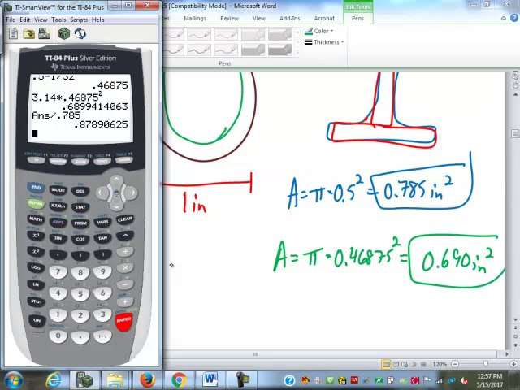So I've already lost 12% of the area by losing one layer of cable strands. So it doesn't take much to take a significant amount. So this cable, if I lose that outer layer of cable strands, has lost almost 13% of its strength. If that makes any sense.